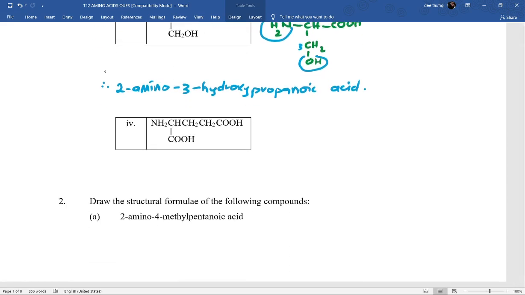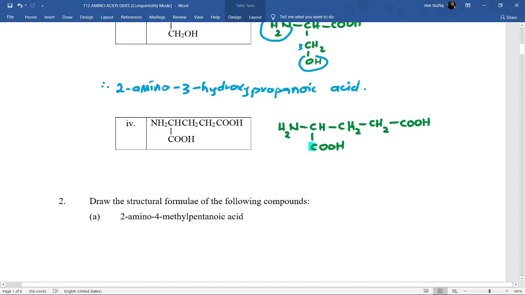And the last one is slightly longer. NH2, CH, then we have CH2, CH2, and then COOH. Then down here we have another COOH. Remember our alpha amino acid: the COOH and NH2 must attach to the same carbon. So that is our alpha carbon.